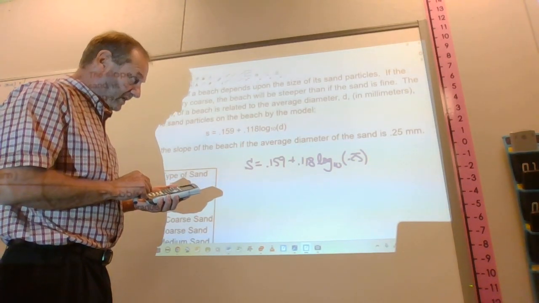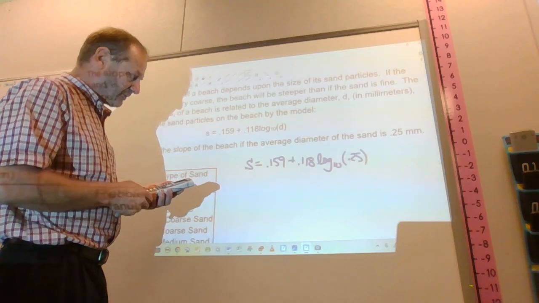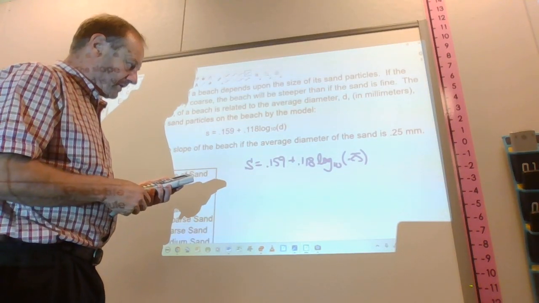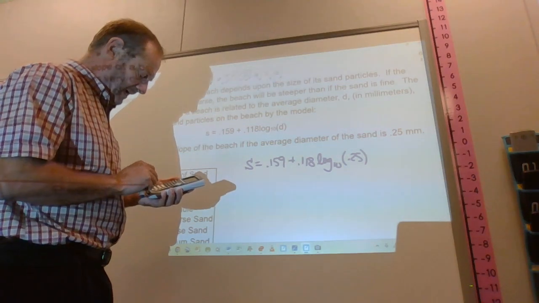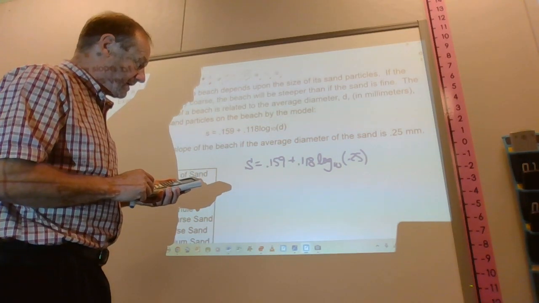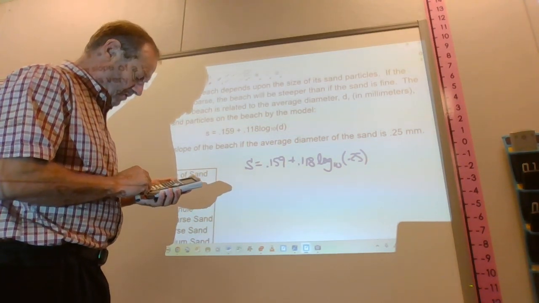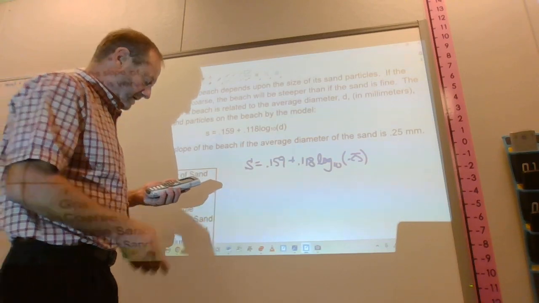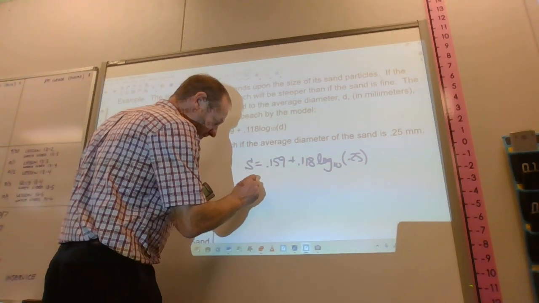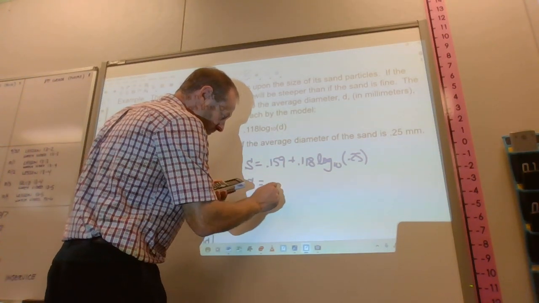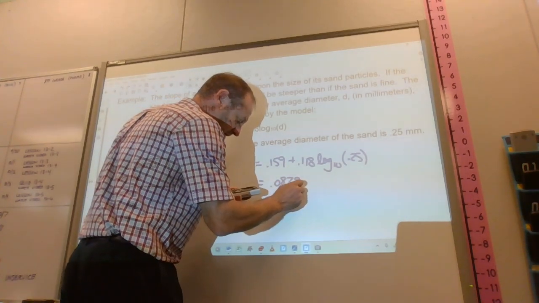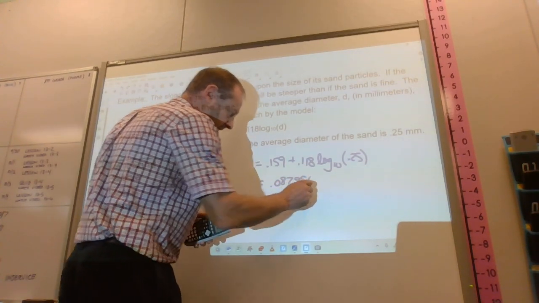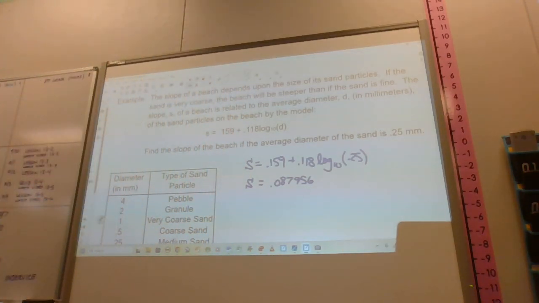I'm just going to push the log key, 0.25, close the parentheses. Then I'm going to take that number, which is negative, times 0.118, plus 0.159. And this comes out to be 0.087956.